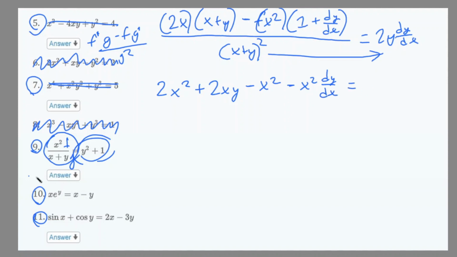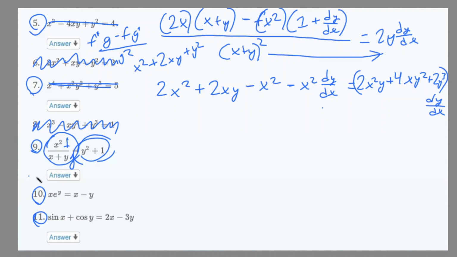And that is equal to x plus y squared, which is x squared plus 2xy plus y squared, and then multiplied by 2y, we would have 2x squared y plus 4xy squared plus 2y to the third power. And all of this is times dy/dx.